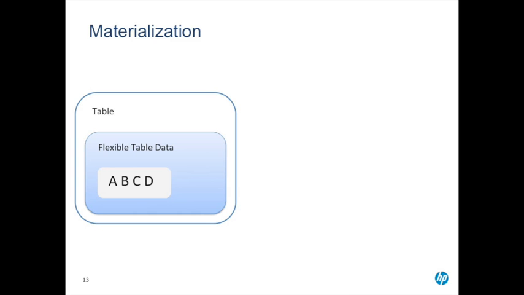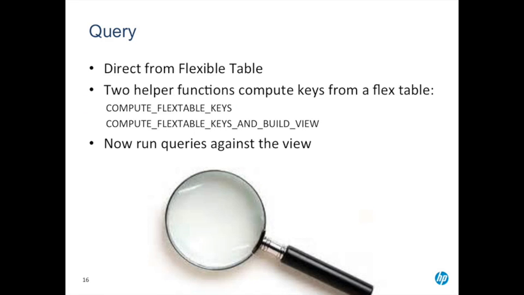And if the column doesn't exist, flex tables are special because it won't give you an error saying the column doesn't exist. It'll just return a null value. So if the column does exist, it extracts that data and returns it. So really, under the hood, it's just a special type of column that we can read from.